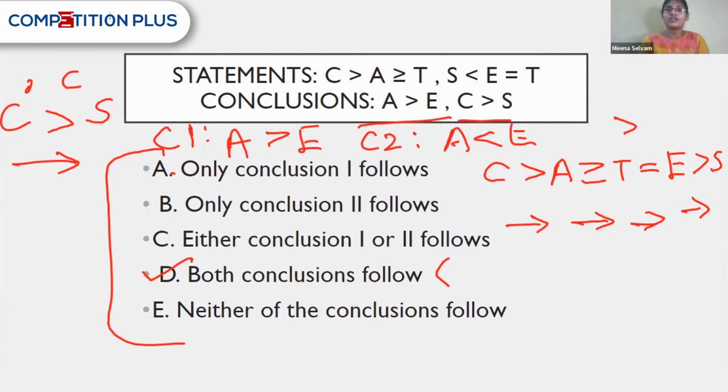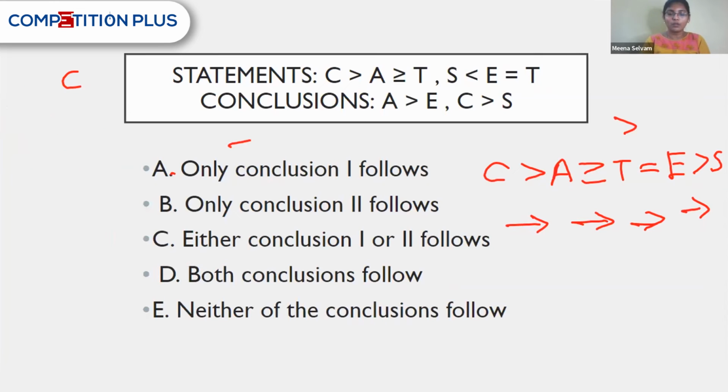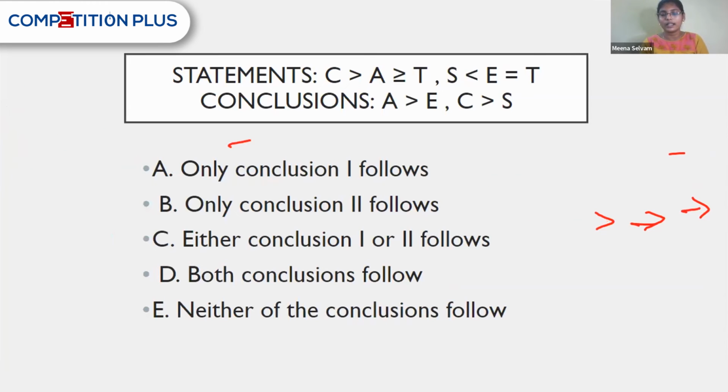Such questions are also possible. So if you have different elements, you can choose, if they are true, both conclusions follow, option D. Option C is when you have the same element. Got it? Neither of the conclusions follows means both conclusion 1 and 2 fail. They are false. That is the meaning.